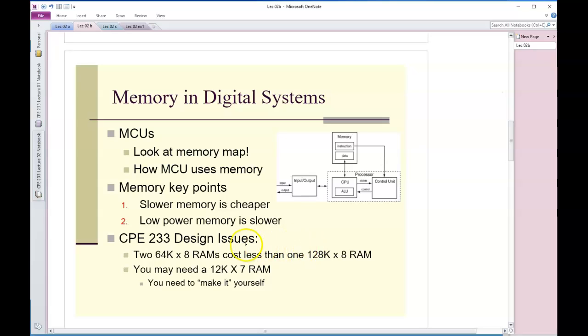You use two 64K by 8 RAMs, and you hook them up together such that the system thinks you have one memory. That's what we'll be going over here. This is very useful because, quite frankly, you may need something like a 12K by 7 RAM, which is totally bizarre. Your system may need it. You're not going to find it off the shelf. You're going to need to make it or synthesize it yourself.